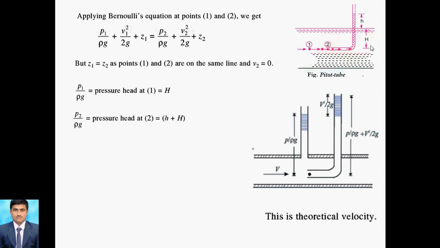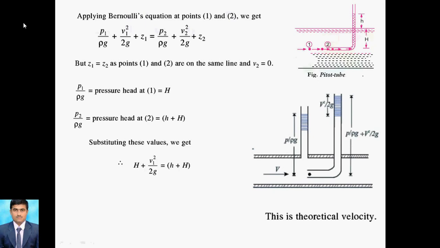So this is called capital H plus small h. We can put P1 by rho g and P2 by rho g into this equation, Z1 and Z2 we can cancel out, and V2 we take as 0, and after that we solve to get the value of the theoretical velocity.